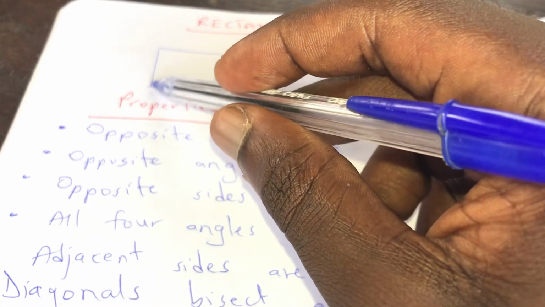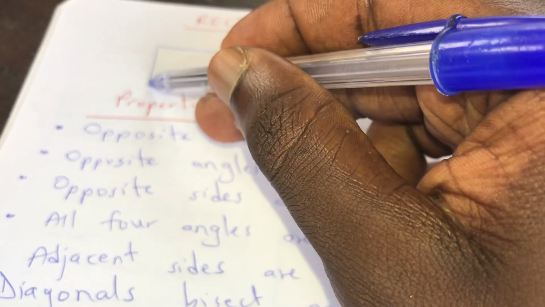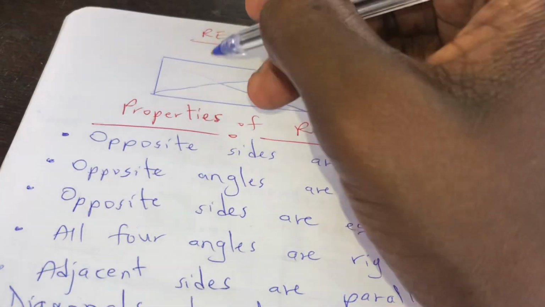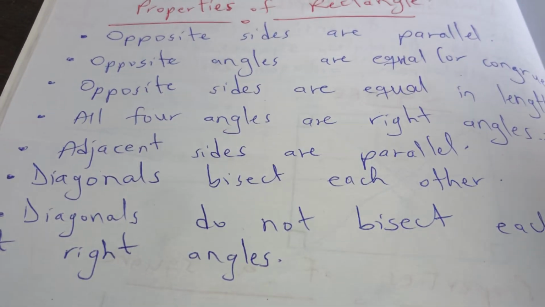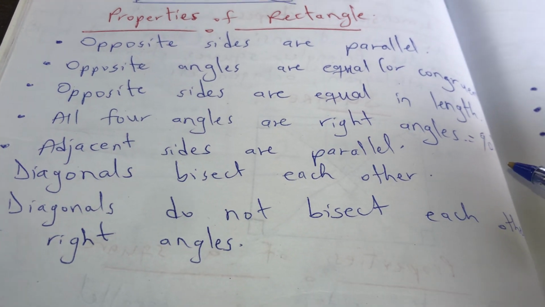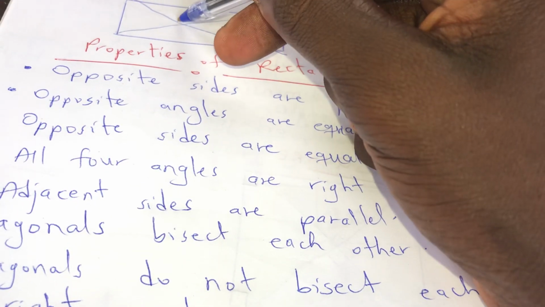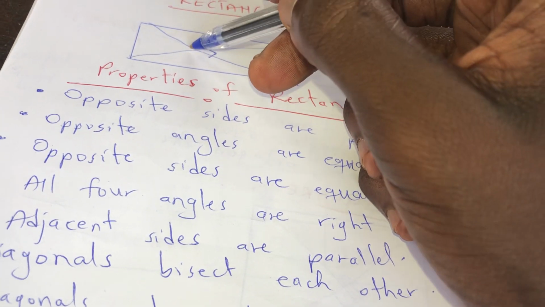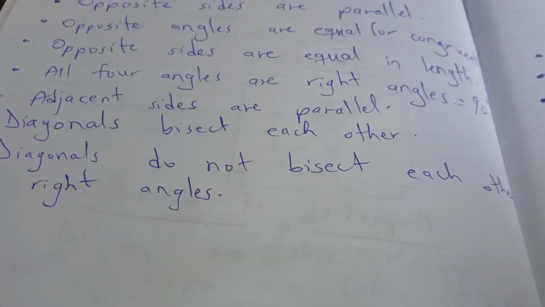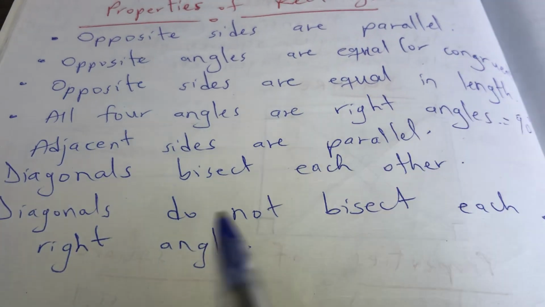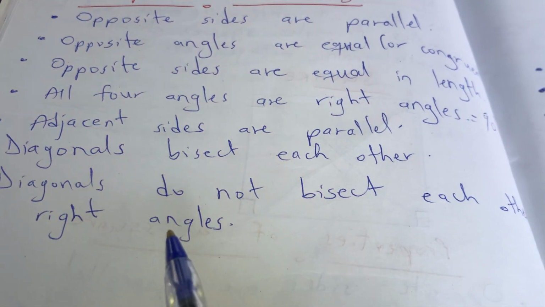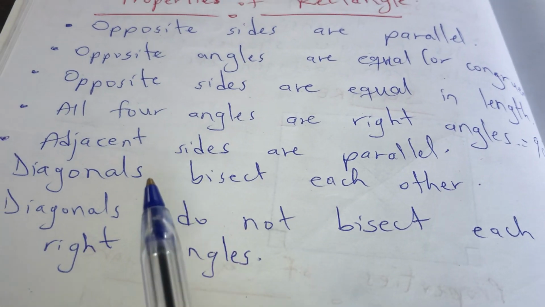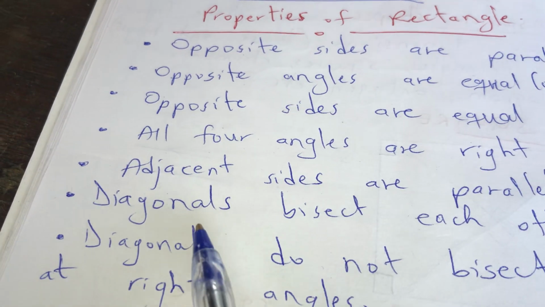If I have the diagonals, this and this, they bisect each other at right angles. Oh, sorry, I'm mixing the properties.